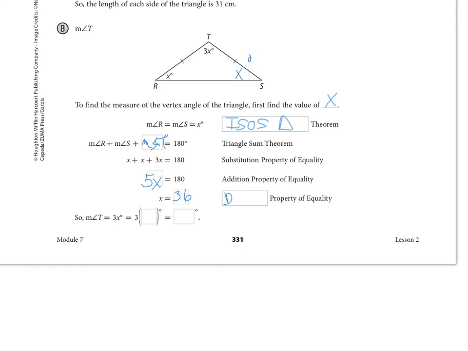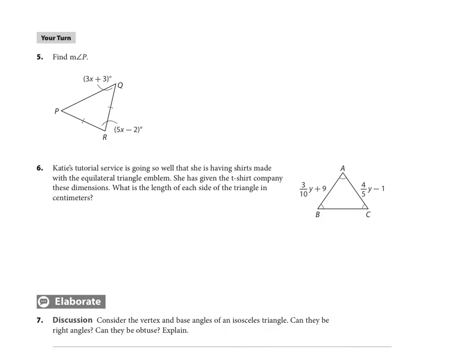That's simply the division property of equality there. And so if we know x is 36, then the measure of angle t is 3 times that 36, or 108 degrees. See what you can do with your turns numbers 5 and 6 at the top of page 332, and we'll see you in the next video.